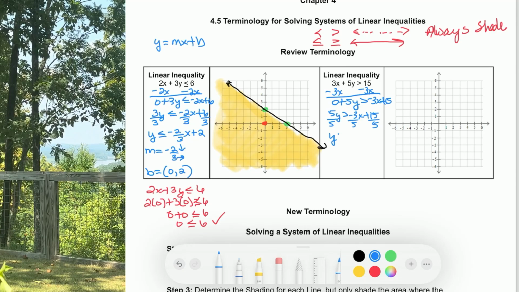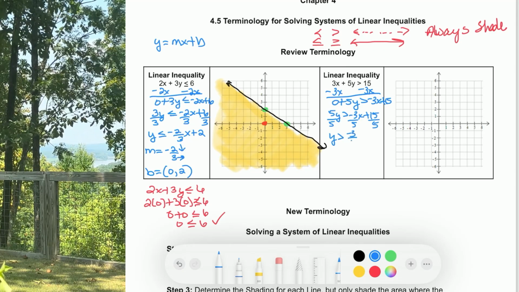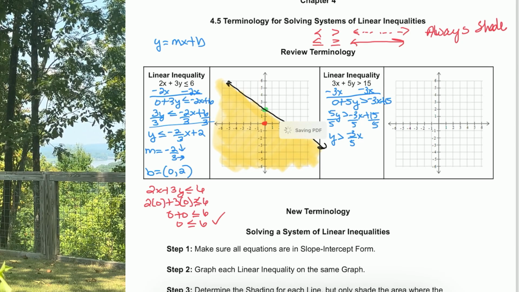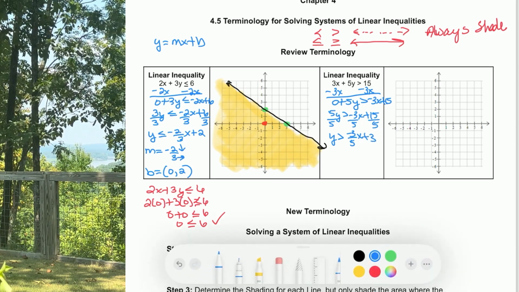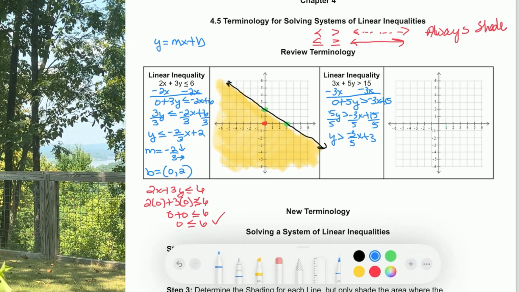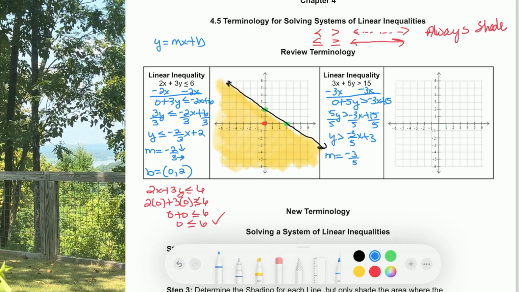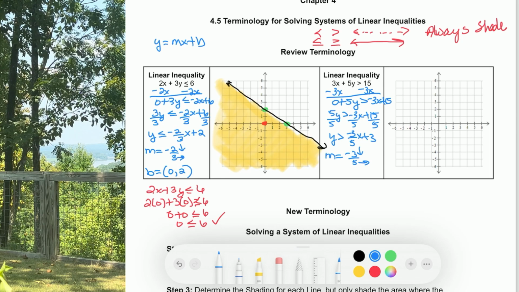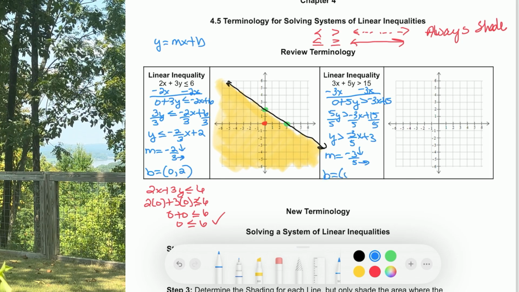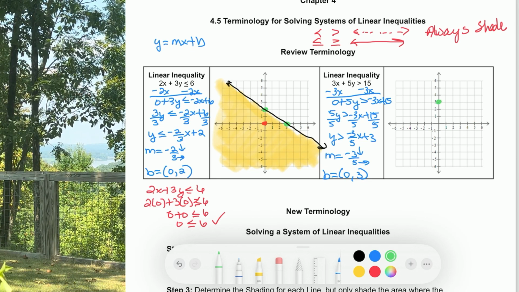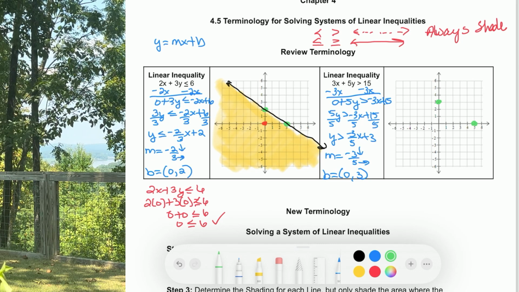I get y is greater than negative 3/5 x, and 15 divided by 5 is 3, so I'm going to put plus 3. That's my equation. My slope is negative 3/5, so I'm going to go down and over, and my b is 0, 3. Let's plot that. So 0, 3 is right here. Use my slope, down 3 and over 5, to find my second one.